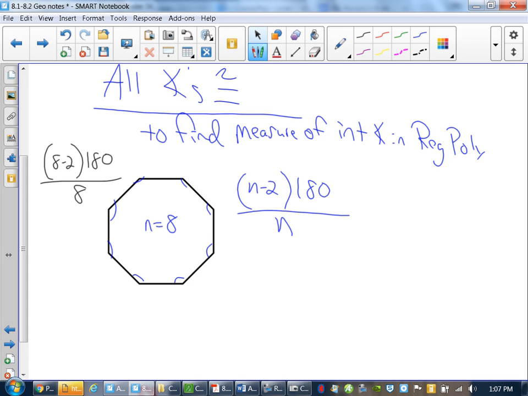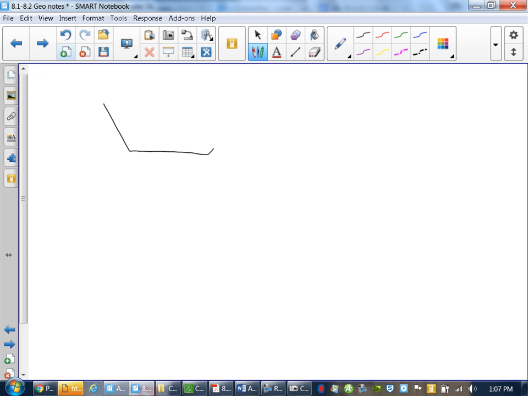Okay. Now, can I go to a clean one real quick? Well, I'm going to. Are you guys okay with the concept idea that in every single polygon, no matter what, there's going to be at least 3 sides? Okay.